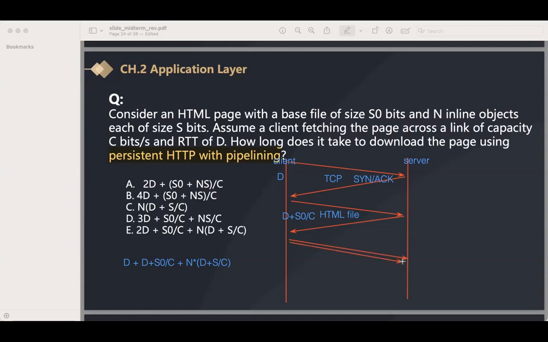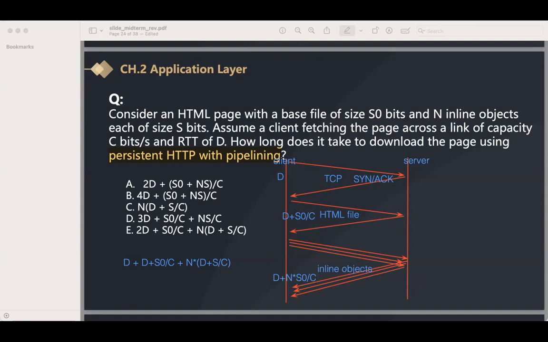We will send a lot of requests at the same time for the inline objects. Then we will get a lot of responses here. And what's the value for that? It will be equal to d plus the inline objects, right? So n times s0 divided by c.